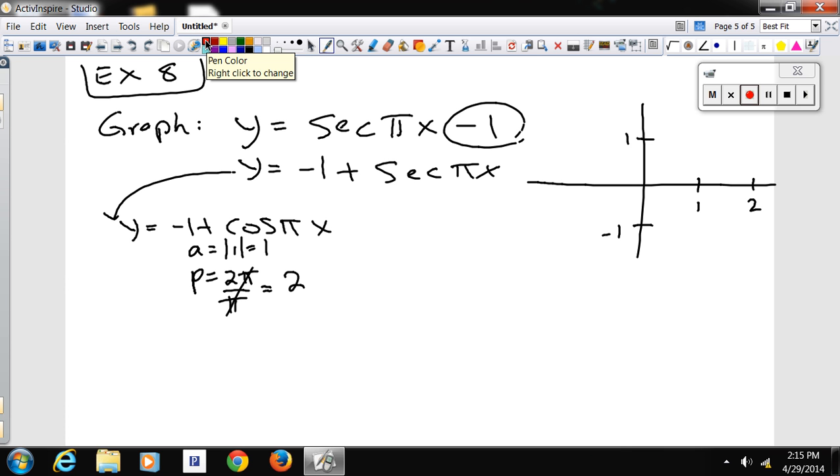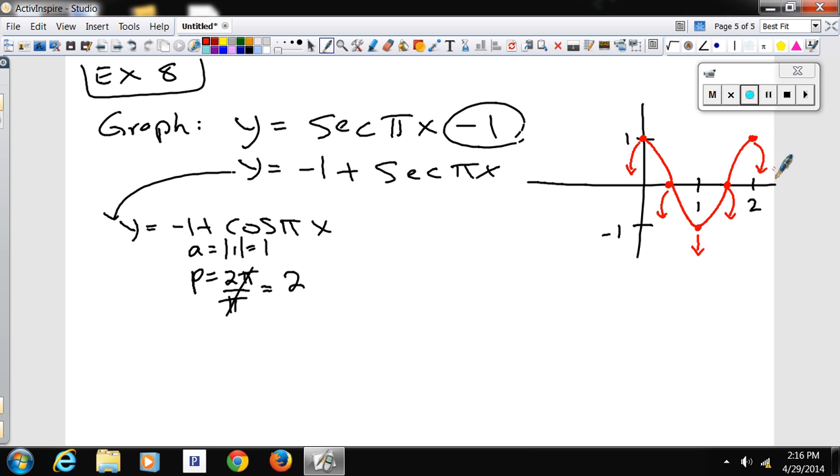If there was no -1, we would have started at 1 here, gone to an intercept, a minimum, another intercept, and a maximum. This would have been our curve if the 1 wasn't there. What is the 1 telling us to do? Go down 1 unit. So all of these points need to come down 1 unit.